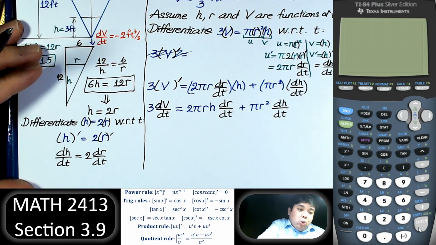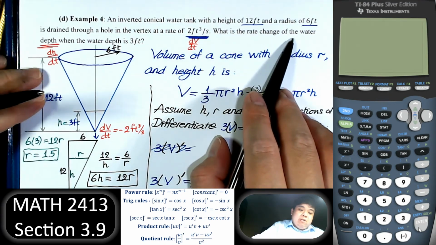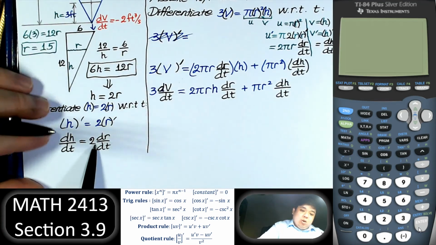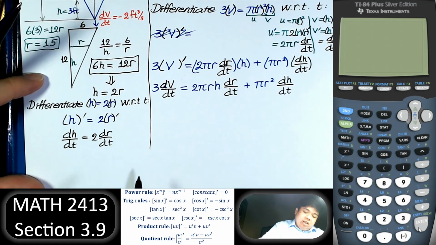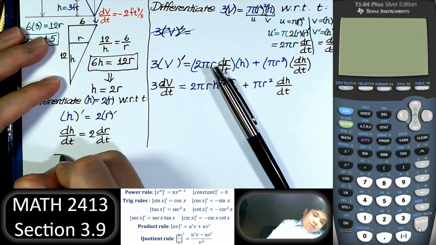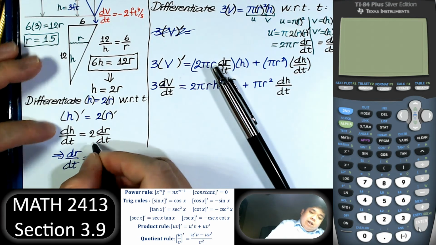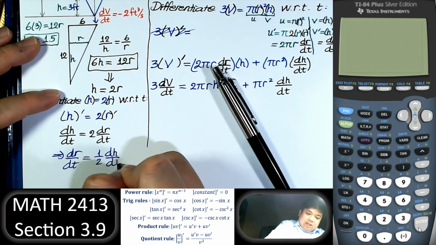What are we asked to find? The rate of change of the water depth, so we ask for dh over dt. So dr over dt is going to be 1/2 dh over dt.